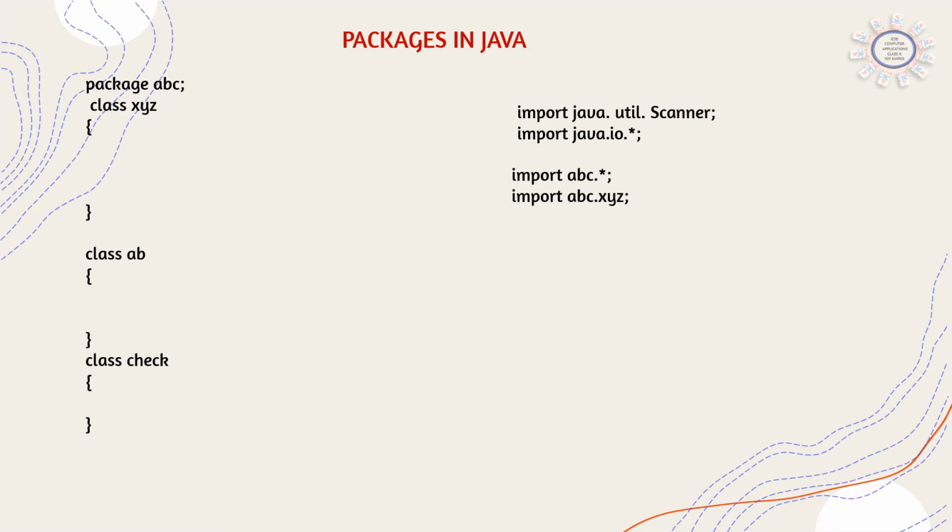If you put star, then all the classes can be used. And if you want to call the particular class function of XYZ, we will write import abc.xyz, where ABC is the package name and XYZ is the class name. So like this, the user-defined package can also be called in a particular program.